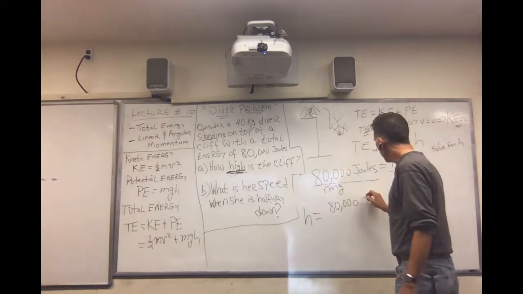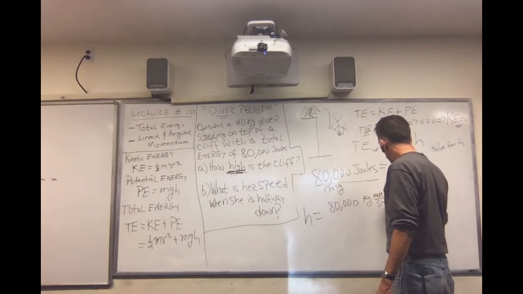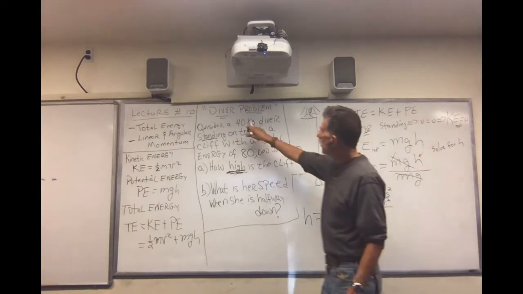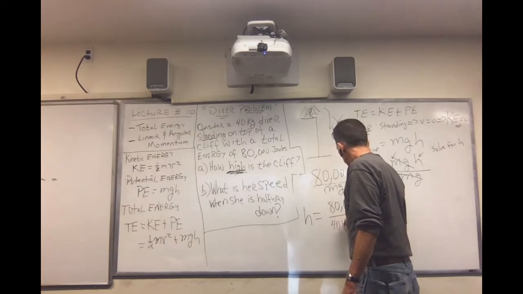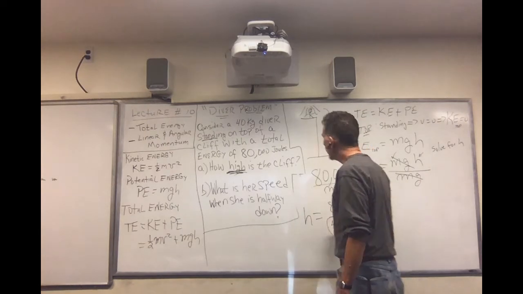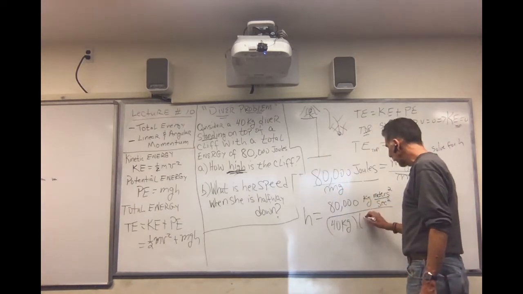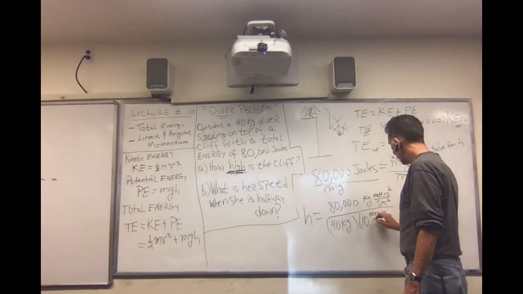It's a kilogram, meters squared per second squared, divided by, now we have M. What was M? It was 40 kilograms. What is G? G is the acceleration due to gravity. You better know this by now. 10 meters per second squared.